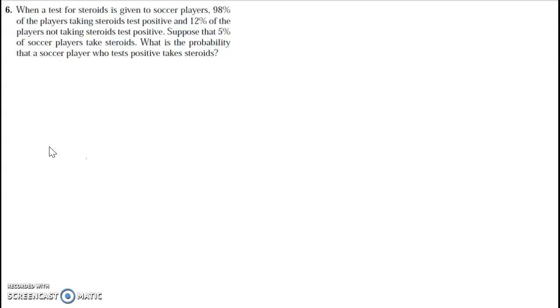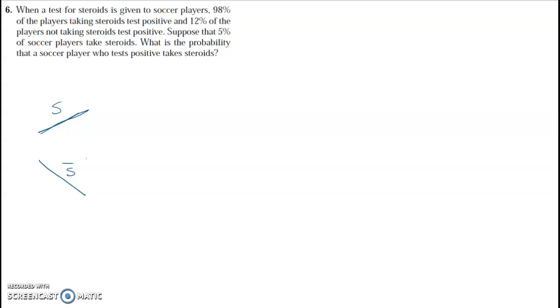In this case, we have a type of drug, steroids, given to soccer players. So we're first basing off of two cases: those soccer players getting the steroids or not receiving the steroids.